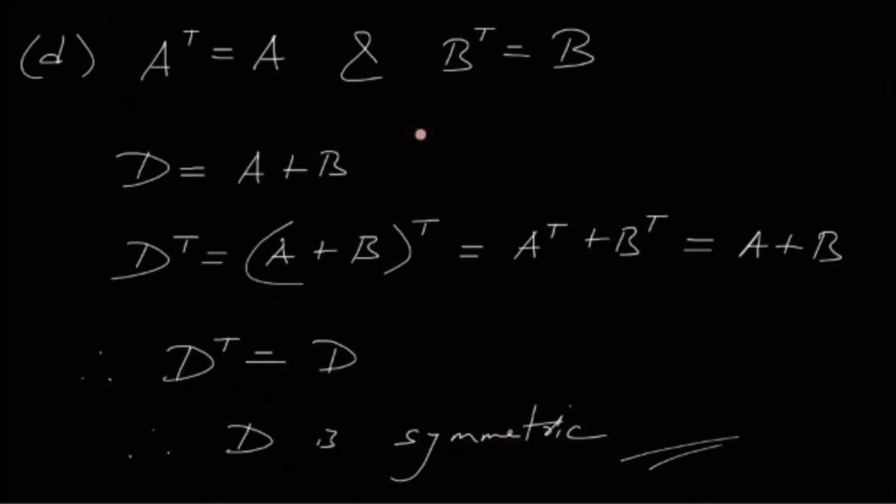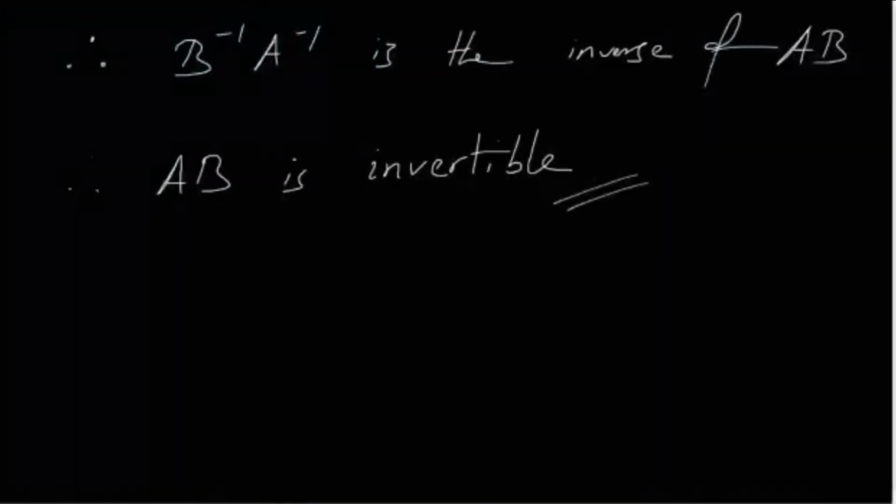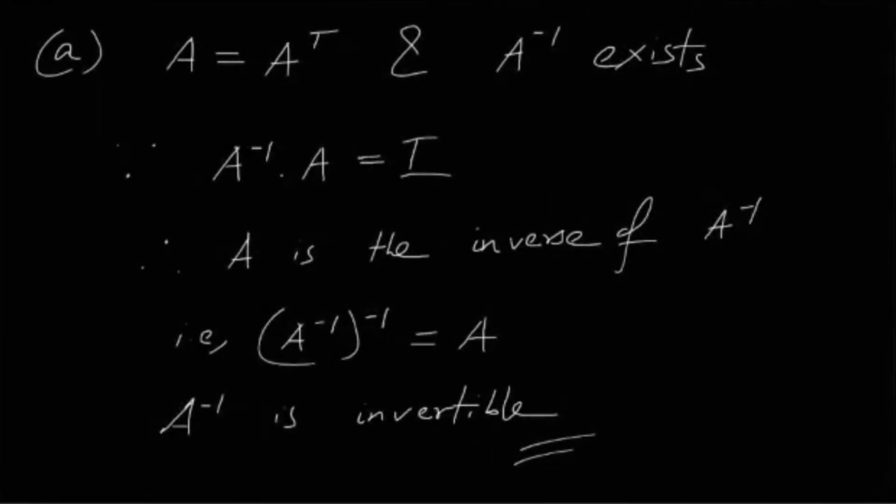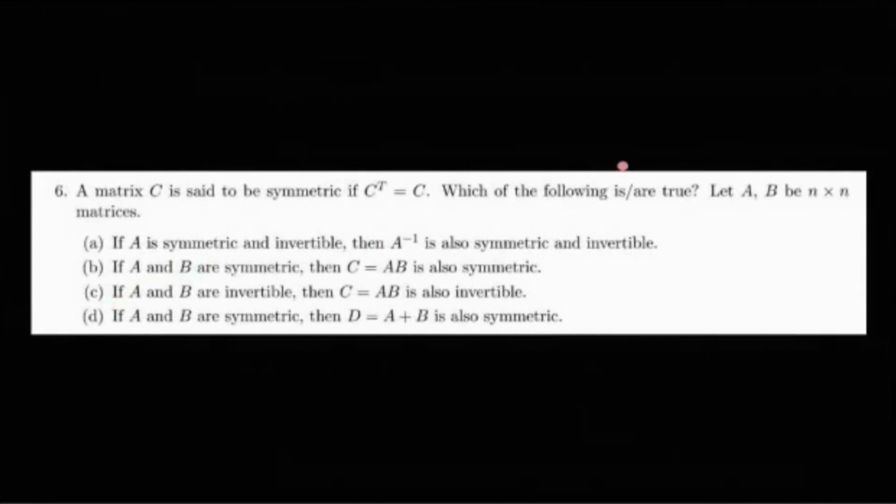So option D is also true. Among these four options, only option B is not true. The rest, options A, C, and D, are all true. Very easy problem, you only needed to know the properties of transpose and inverse.